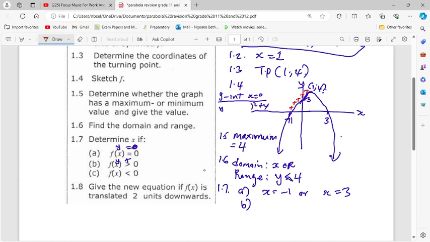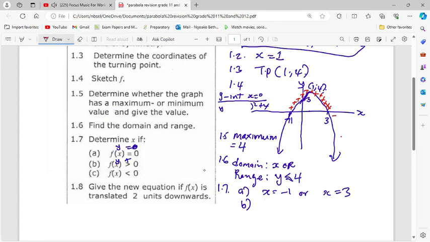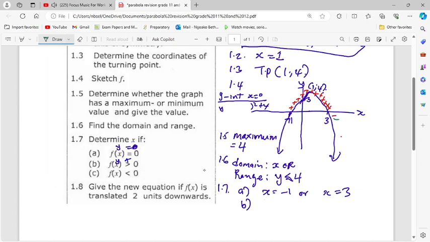Positive is above the x-axis. But the values of y here become negative, negative, negative, up to infinity. That's below, and that's not what we want. We want the part above the x-axis.